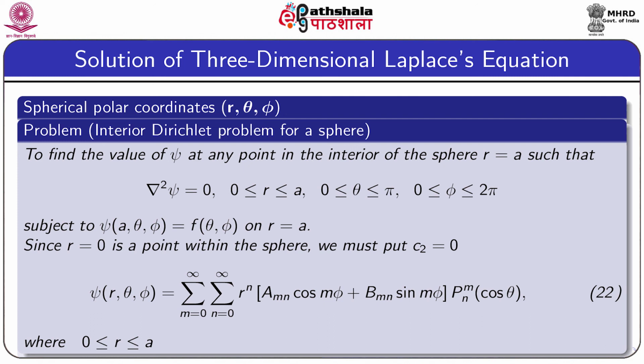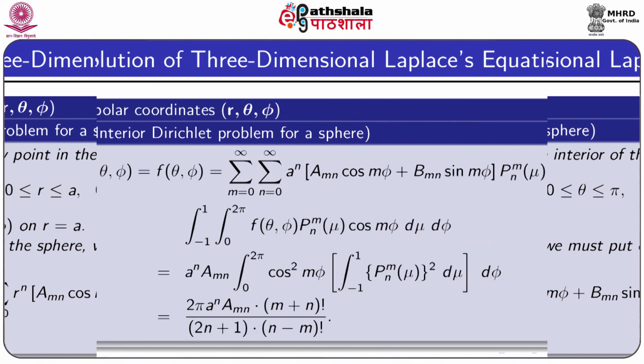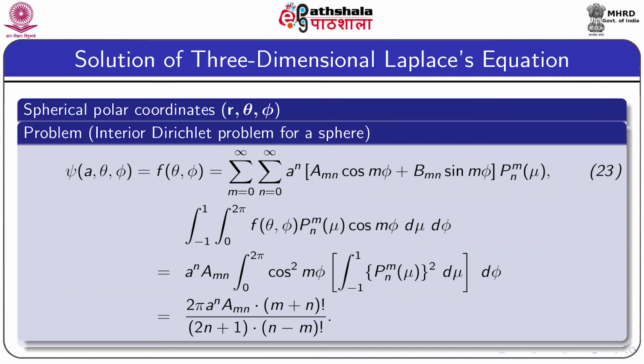So, only the r to the power n term is there, and all other terms are present, which is written in equation number 22. Now, to satisfy the boundary condition, we have to put r equals a and the value of psi is f. So, if you substitute this, if you satisfy this boundary condition, we obtain the relation which is given here.